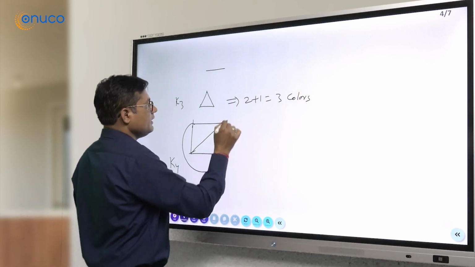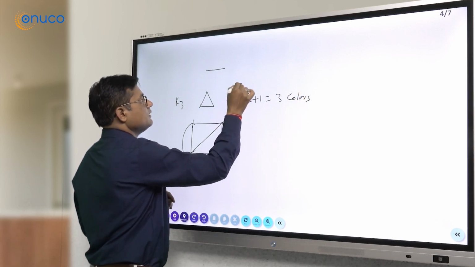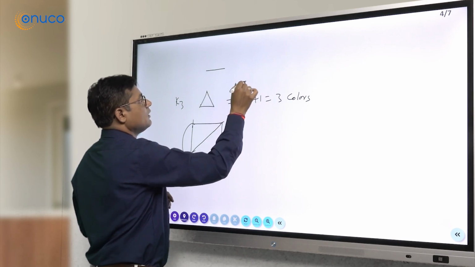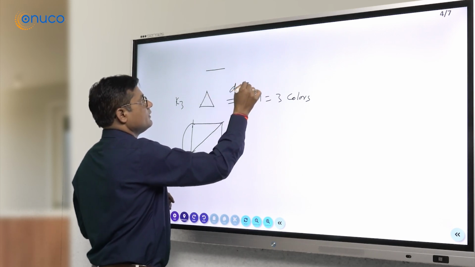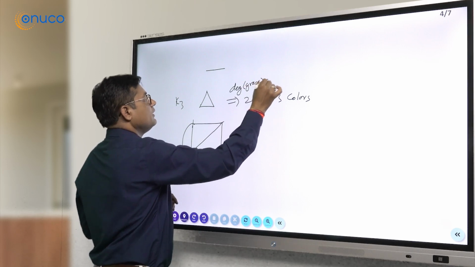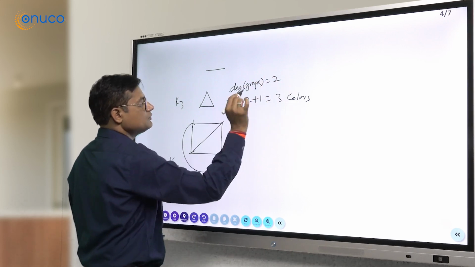Here the degree of this particular graph is 2, hence the number of colors used is 3.